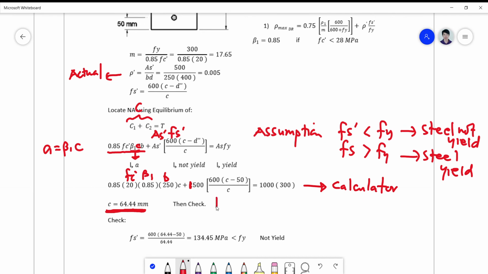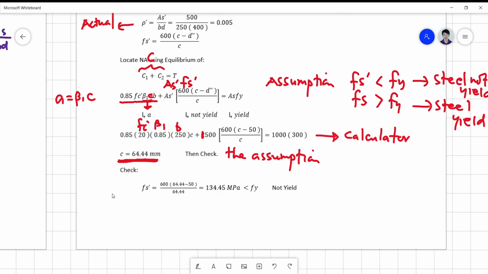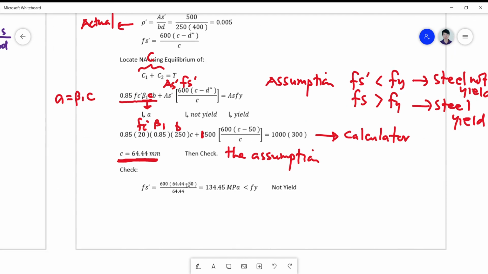We check the assumptions. Steel does not yield in compression, steel yields in tension. So fs prime is 600 times (64.44 minus 50) over 64.44, which is less than fy. Therefore, the assumption is correct. It does not yield.